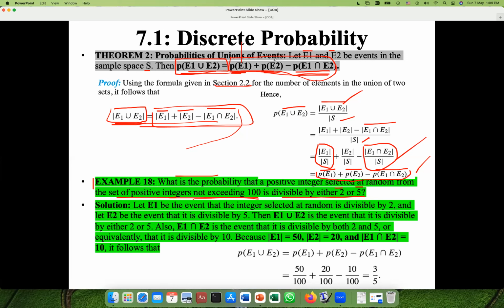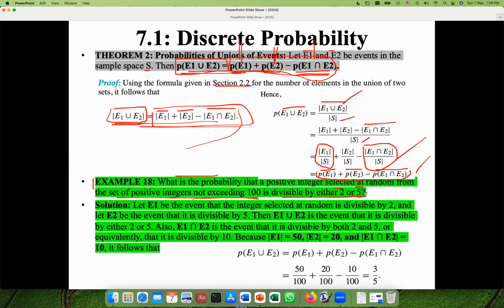You have E1, you have E2. So you have to calculate the probability for E1, for E2, and then you have to calculate the probability of their intersection, and then finally you will have the answer. So this is basically 2 events. The numbers that would be divisible by either 2 or 5.